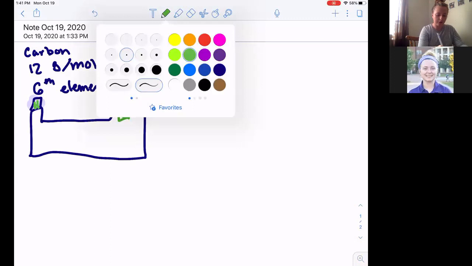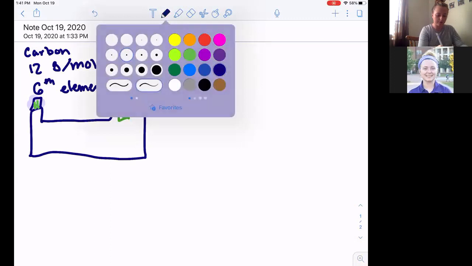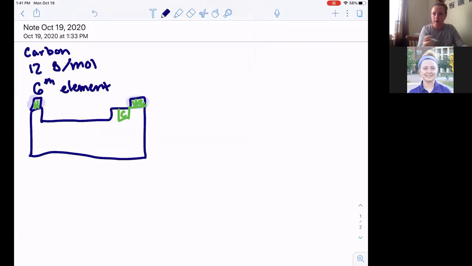So if I was to write out carbon's electrons, it would be 1s2, 2s2, which is again right here.